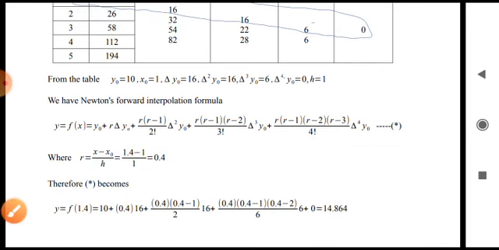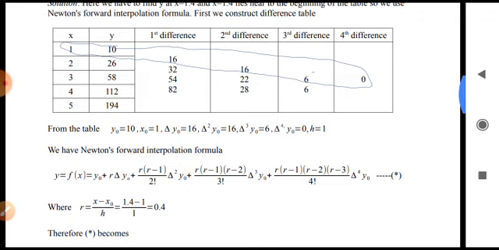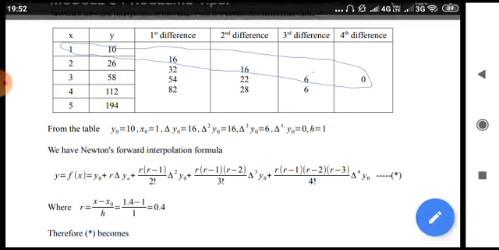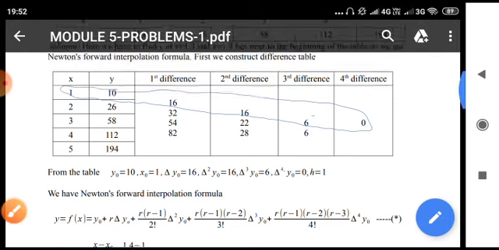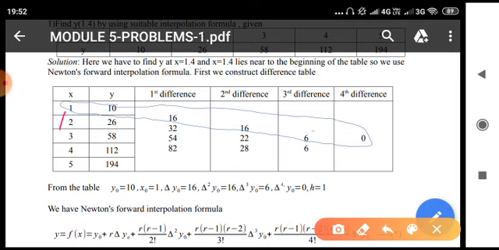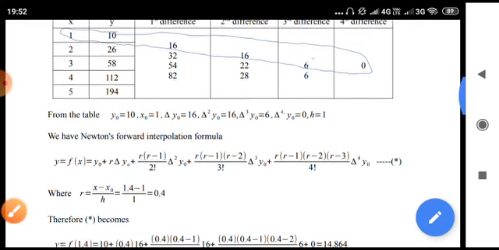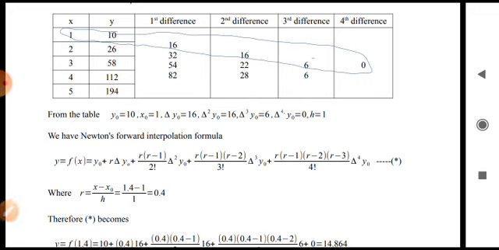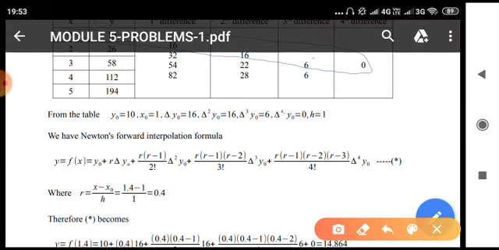H is nothing but x1 minus x naught, that is 2 minus 1 is 1, or it is also equal to x2 minus x1, 3 minus 2. So h value is 1. So x is the point at which y value is required, that is x is 1.4. So we get r as 1.4 minus 1 divided by 1, which is equal to 0.4.